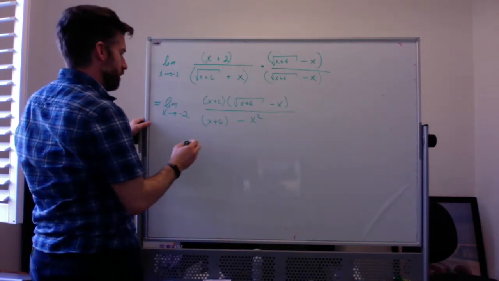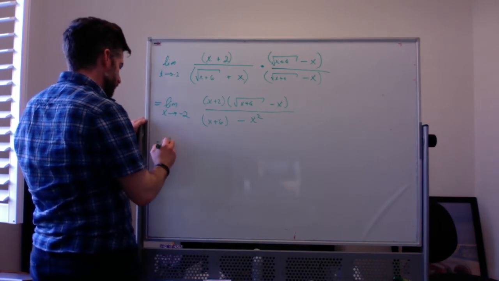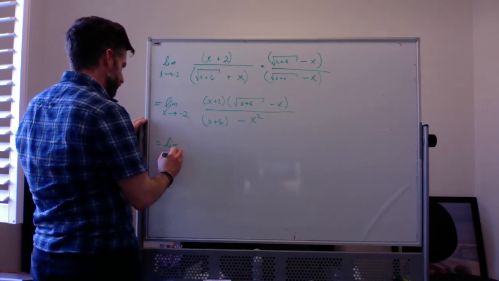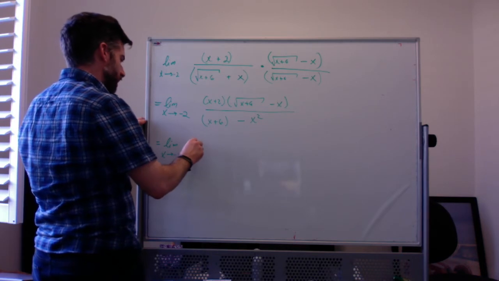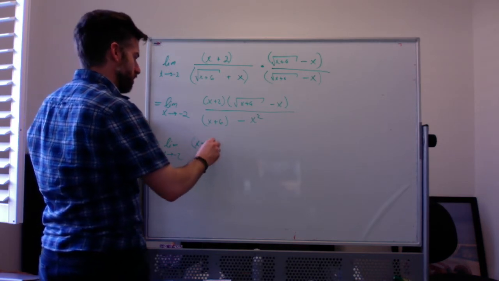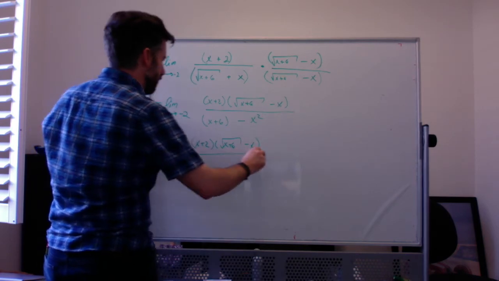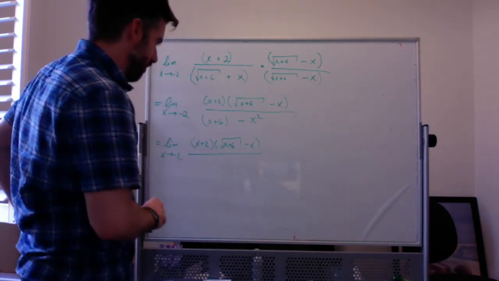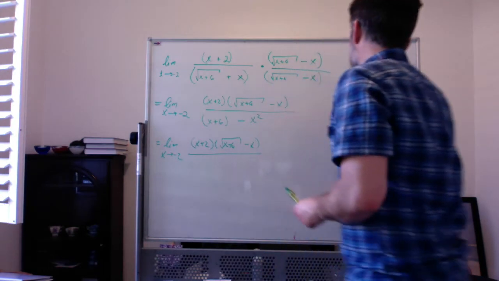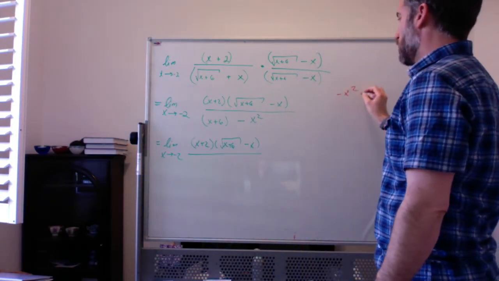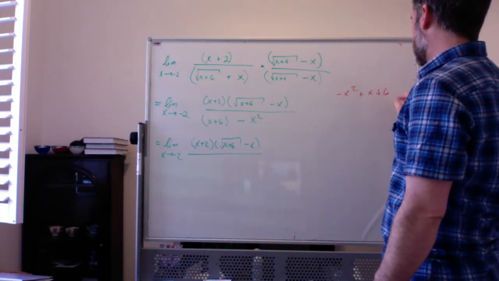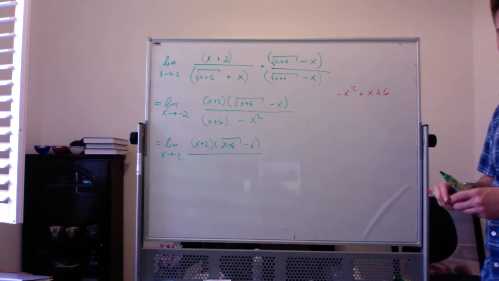Simplifying a bit, the limit as x goes to minus 2 of x plus 2 on top times the square root of x plus 6 minus x. On the bottom, I'm going to do this over on the side so I don't run out of room. I have negative x squared plus x plus 6, which does factor, but I'm terrible at factoring ones like this.